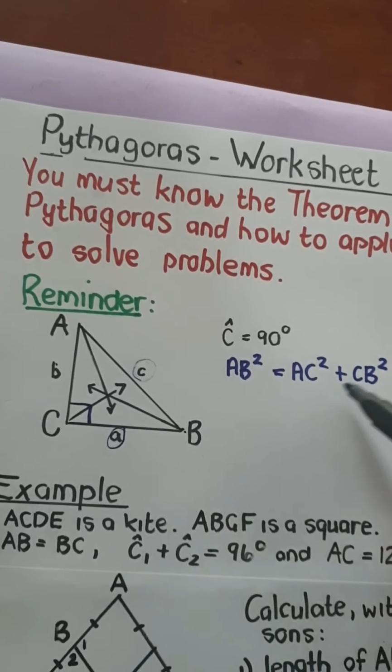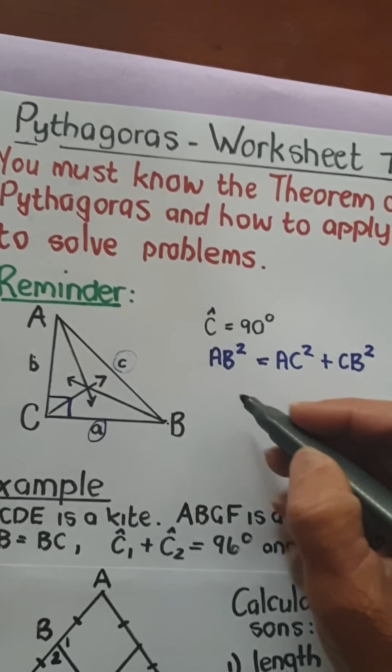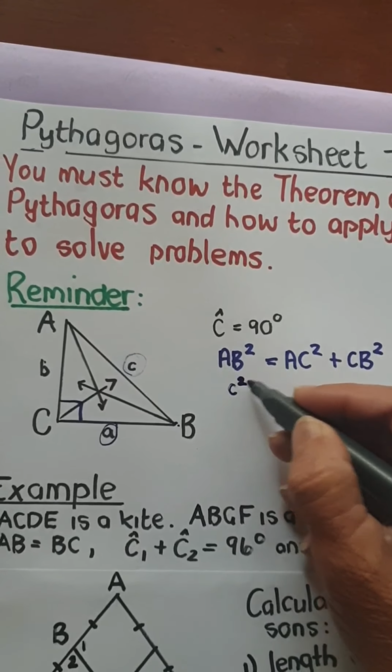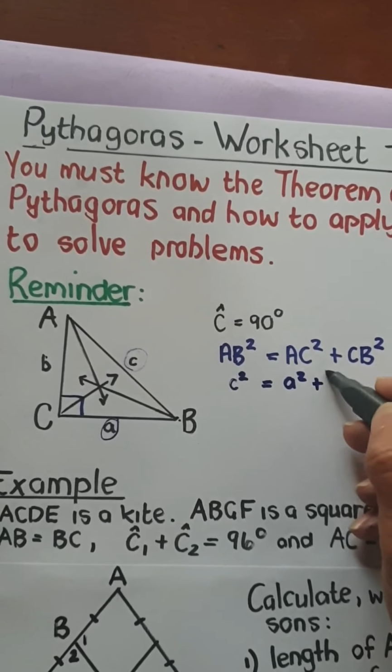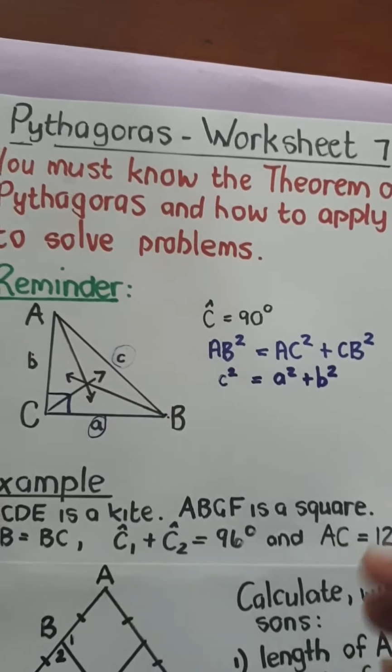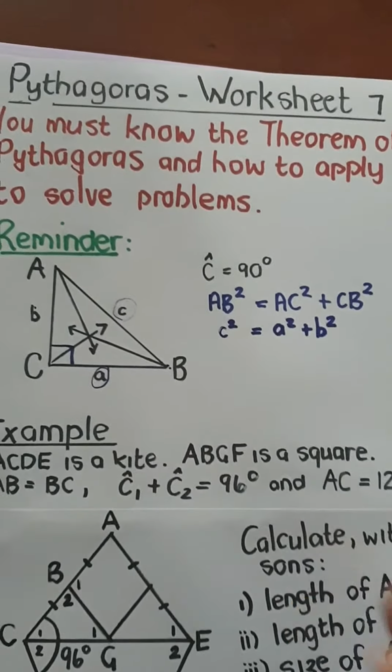So alternatively, I can write the theorem of Pythagoras as c squared equals a squared plus b squared. And we use the theorem of Pythagoras if we want to determine the length of sides. So we are going to look at your worksheet 7 again, and at the first problem that you had to solve.